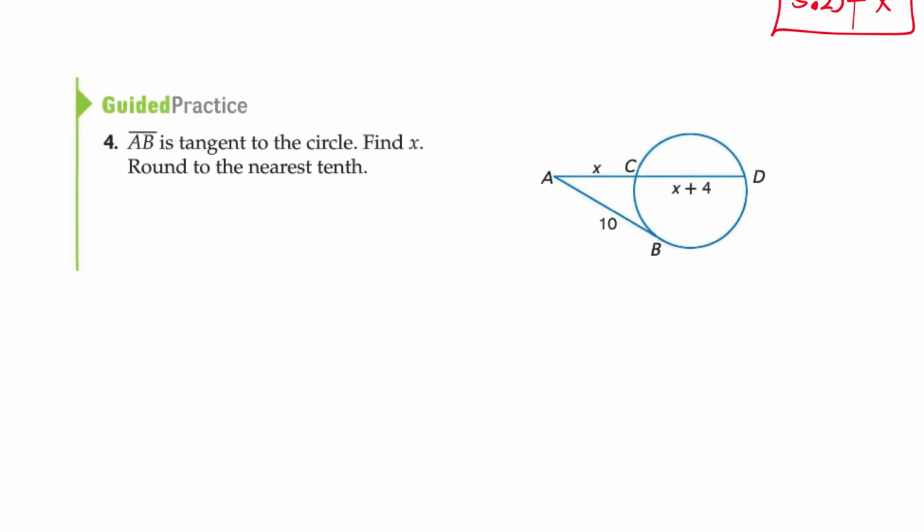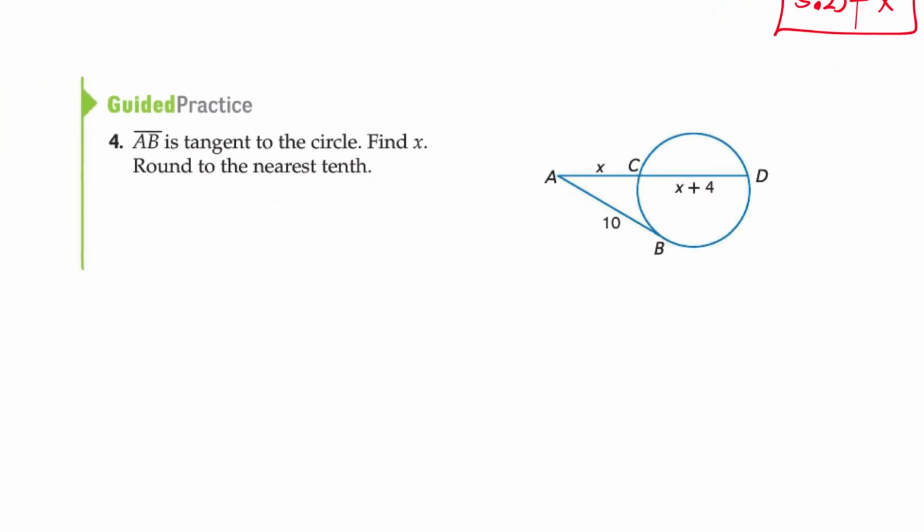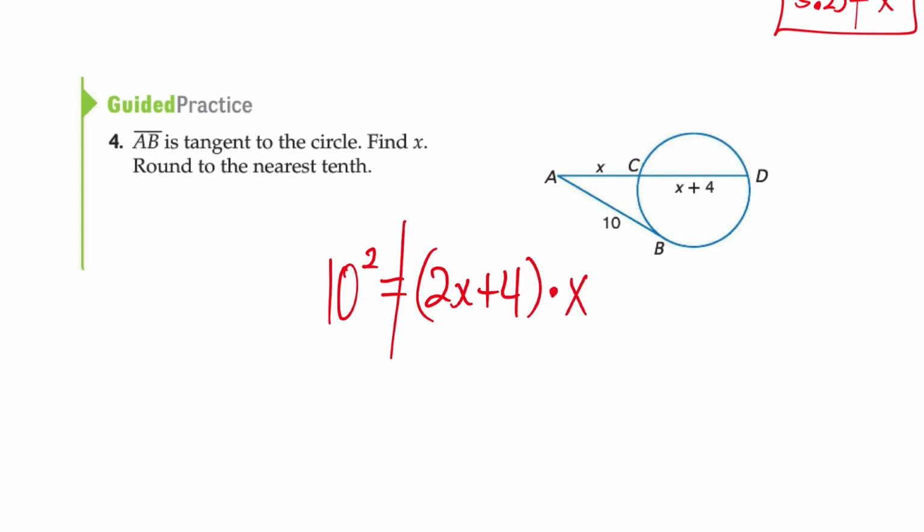All right, on this one, how long is a tangent piece? 10. So I'm going to have 10 squared equals. All right, how long is that whole thing from A to D? Now remember, we're just adding. 2x plus 4. Good. So it would be x plus x plus 4, which just means 2x plus 4. That's the length of the whole thing. Times how long is the outside piece? It's x.